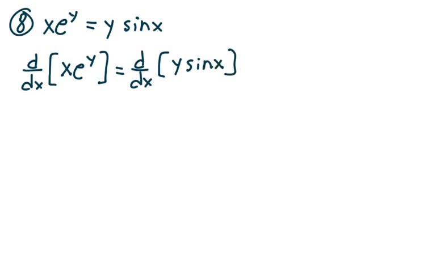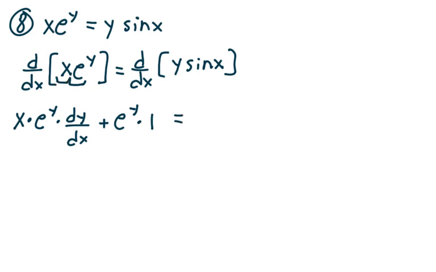Now, let's apply the product rule. Let's write the first function, x, and I'm going to differentiate the second function with respect to x. In other words, this is x times e to the y times dy/dx. I'm going to go plus e to the y, and then multiply by 1, because that's the derivative of x.